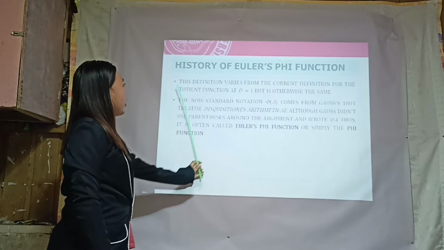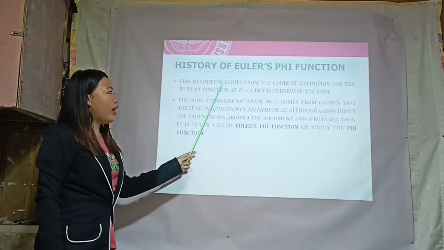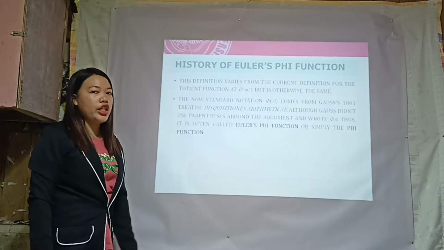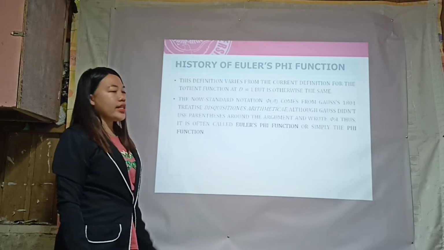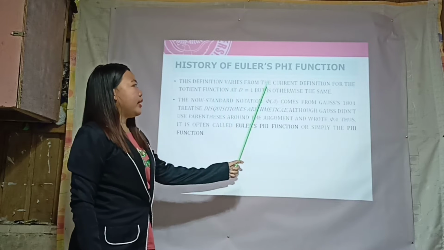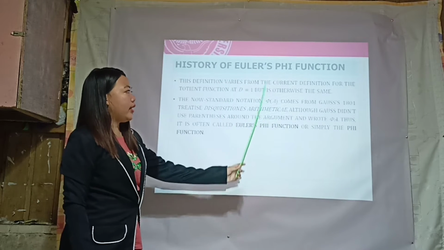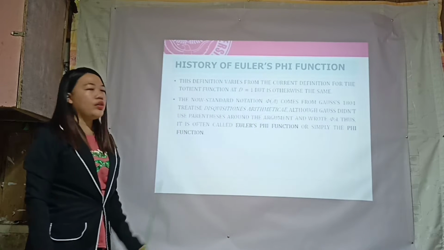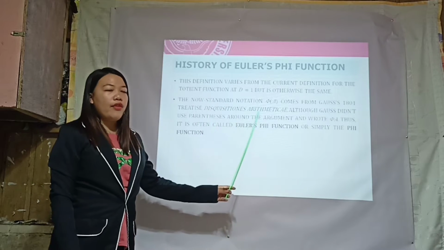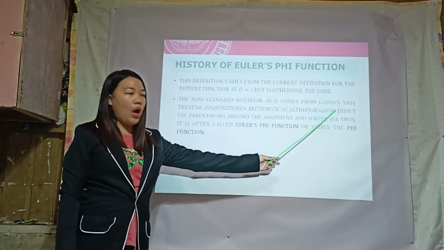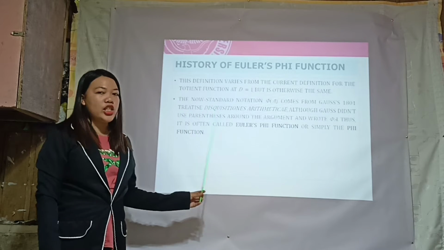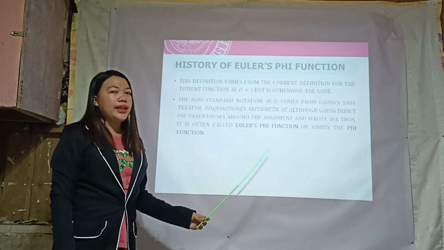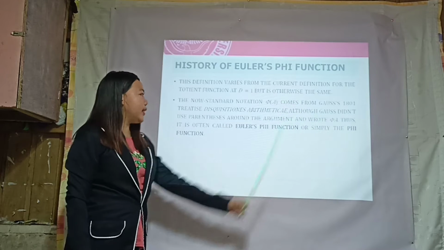Next, this definition varies from the current definition for the totient function at d equal to 1, but is otherwise the same. The now standard notation phi of a comes from Gauss's 1801 treatise Disquisitiones Arithmeticae, although Gauss didn't use parentheses around the argument and wrote phi a.